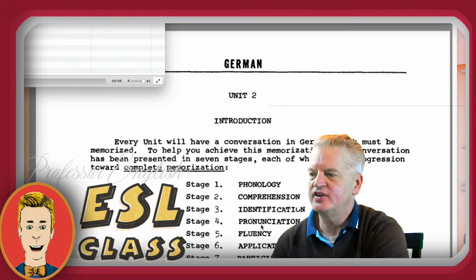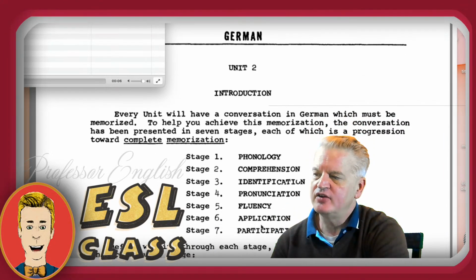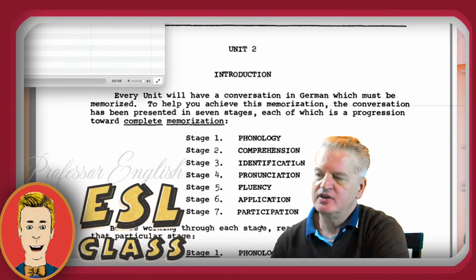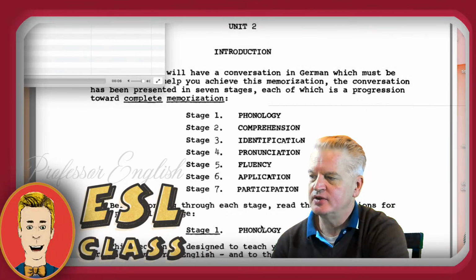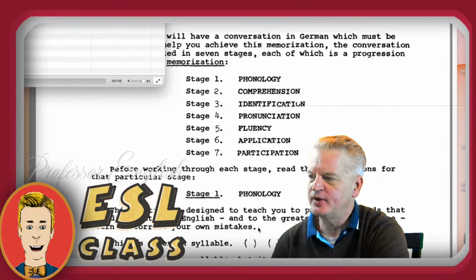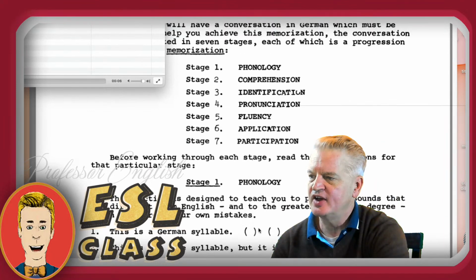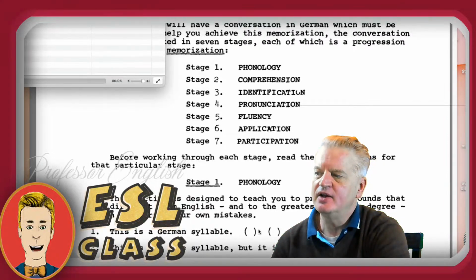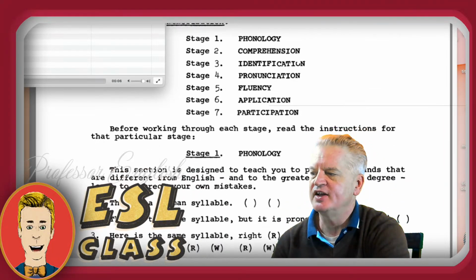Stage 4, pronunciation. Stage 5, fluency. Stage 6, application. Stage 7, participation. Before working through each stage, read the instructions for that particular stage. Stage 1, phonology. This section is designed to teach you to pronounce sounds that are different from English, and to the greatest possible degree, learn to correct your own mistakes.